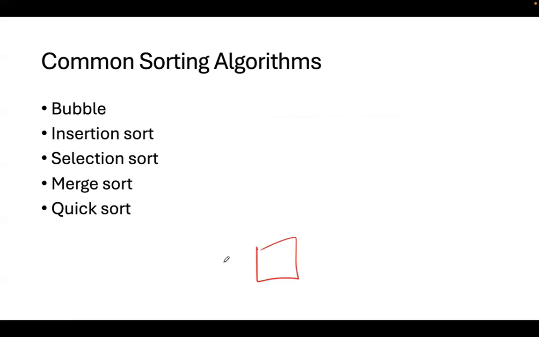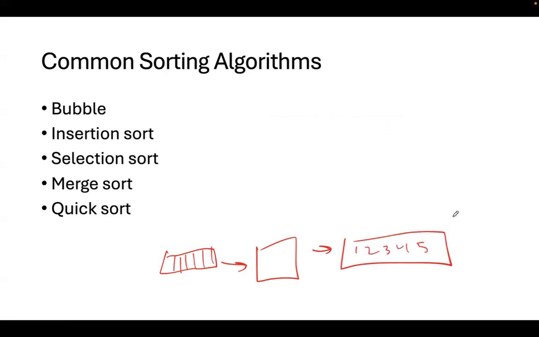Algorithms are kind of our box: we have some array full of things that are maybe unsorted, and as a result, they're all sorted at the end. They have increasing levels of speed, starting off really slow and then going really quickly. So these end up being n log n, where bubble sort is n squared. So we kind of study them worst to best.